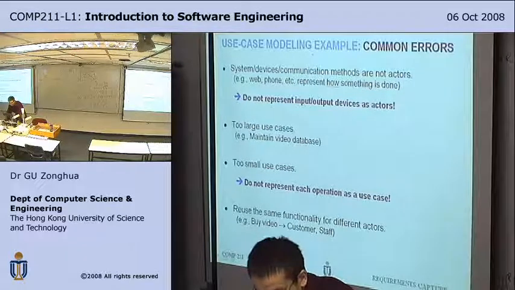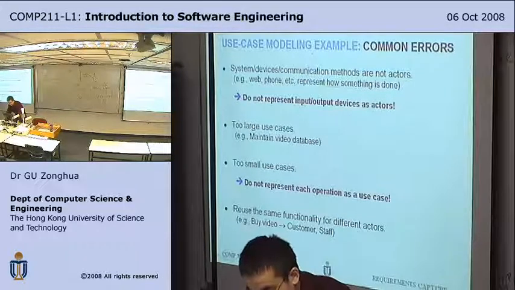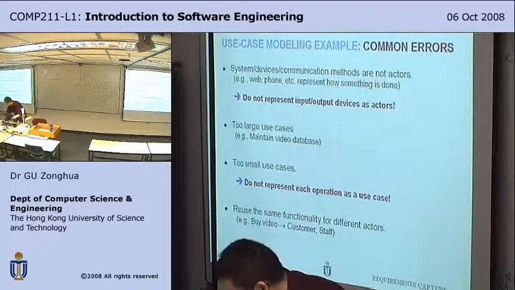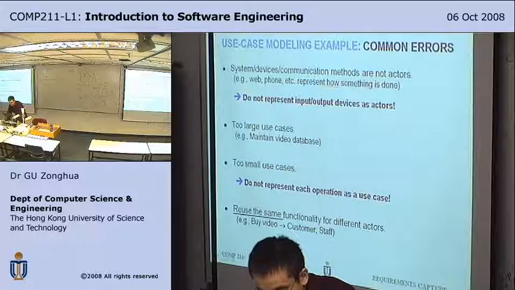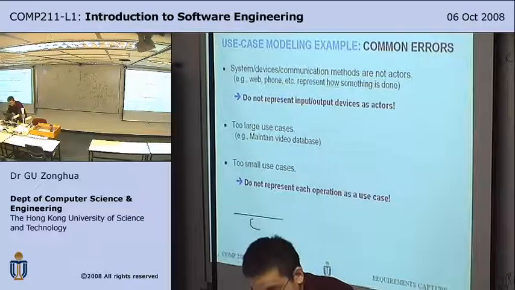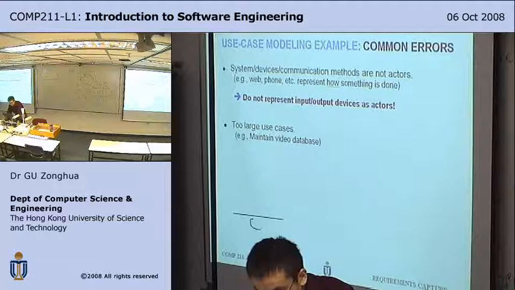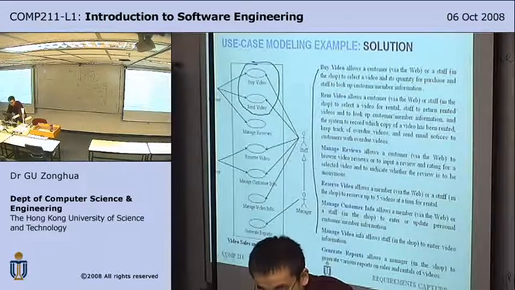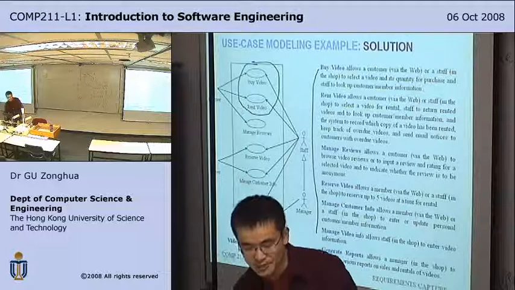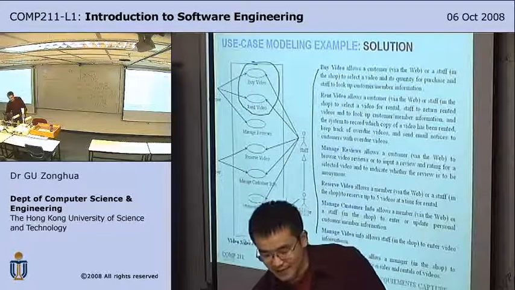Reuse the same functionality for different actors. This is what you should do, not an error. For example, here, buy video is pointed to by both the customer and the staff.